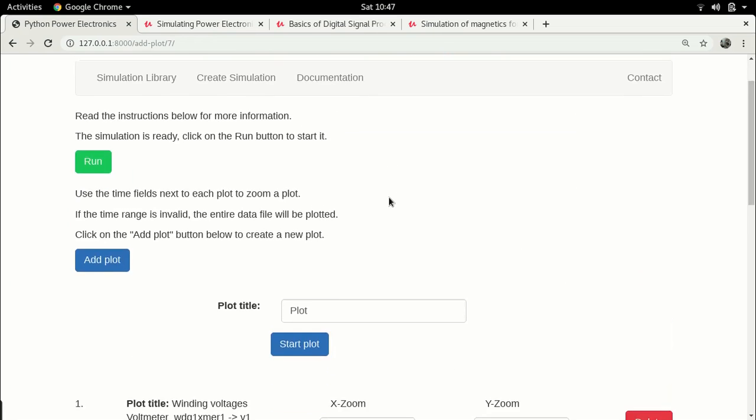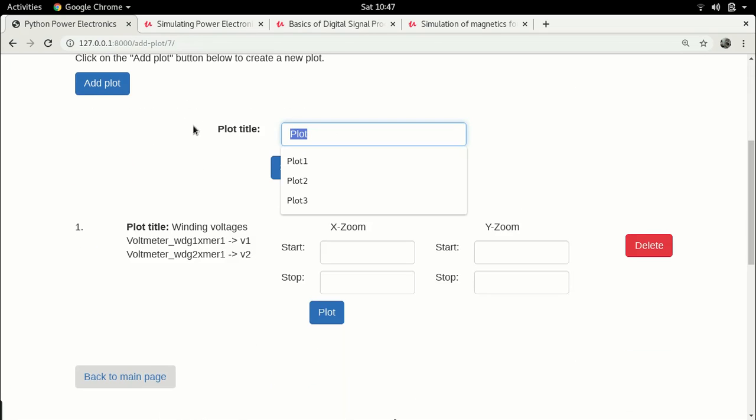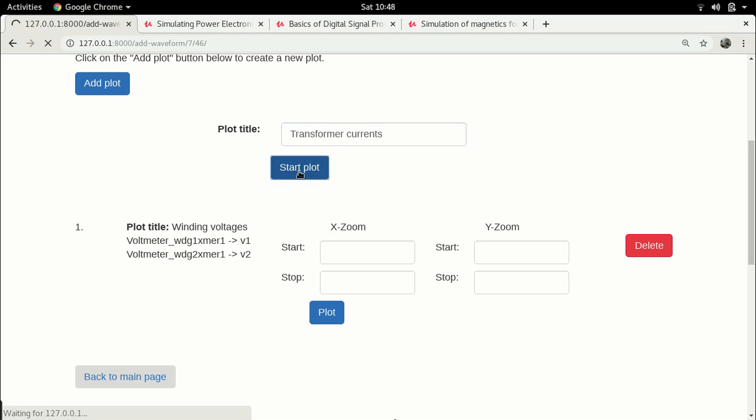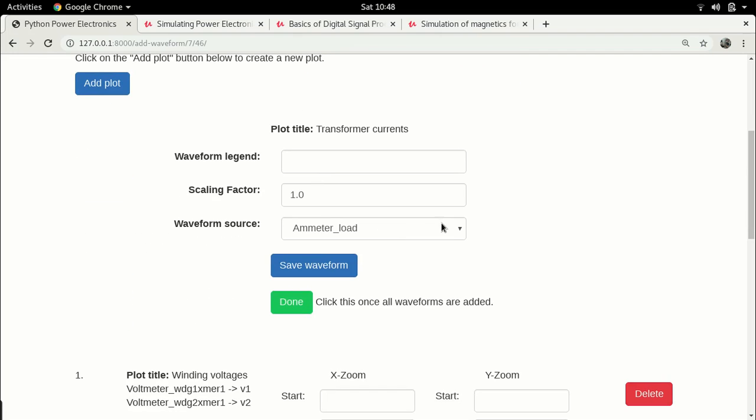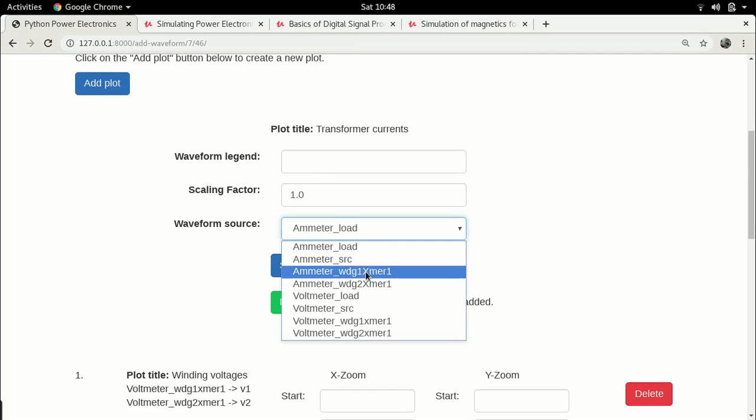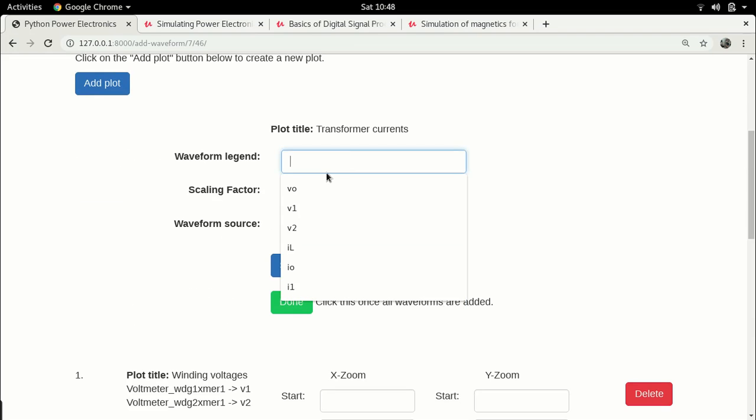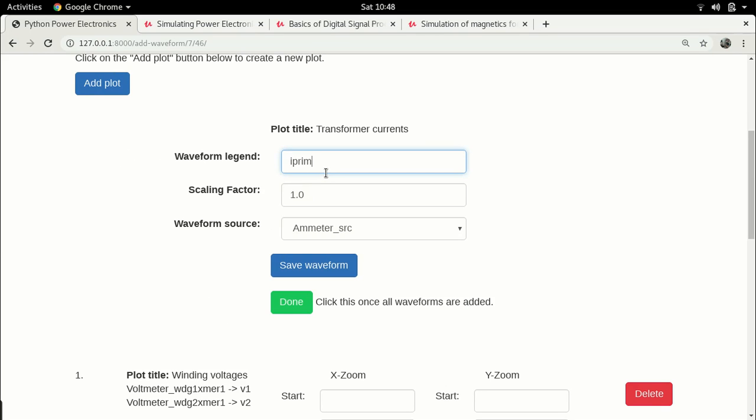So let me add a plot, and I will call this transformer currents. The name of these plots is totally up to you. Let me plot first the ammeter source. Let's call this I1.